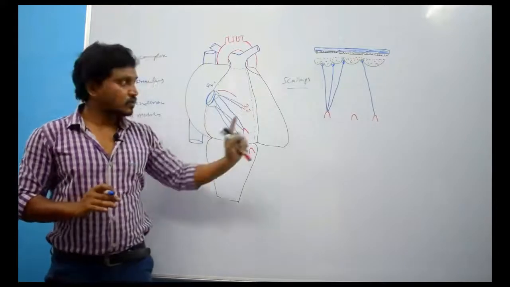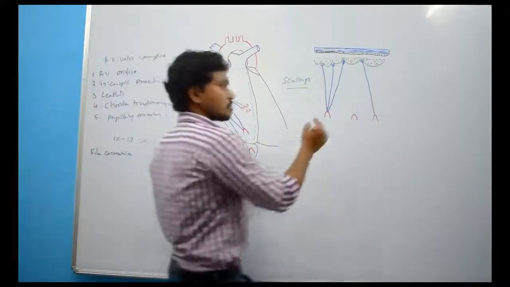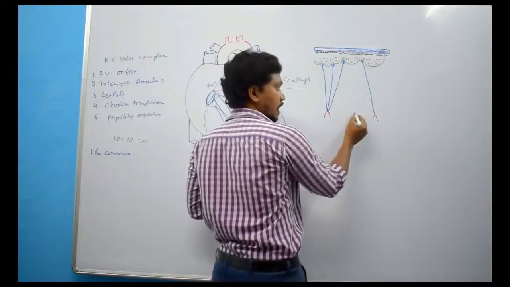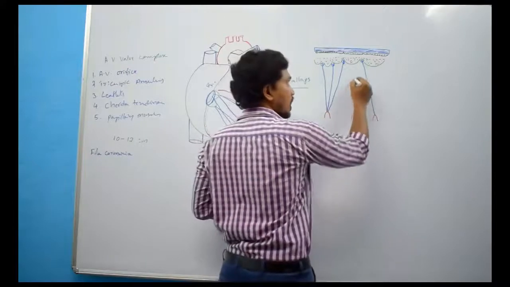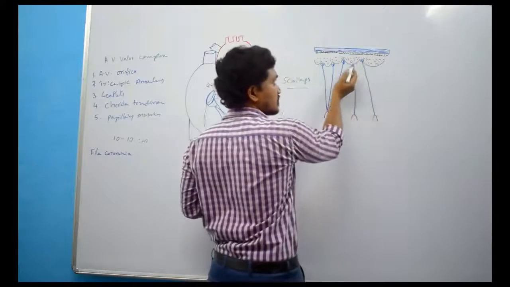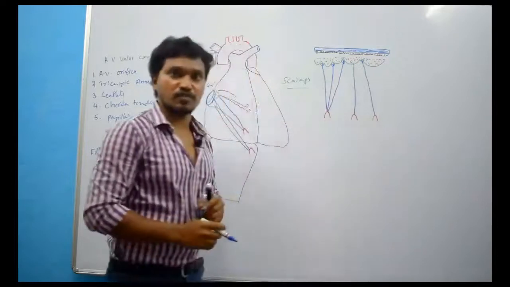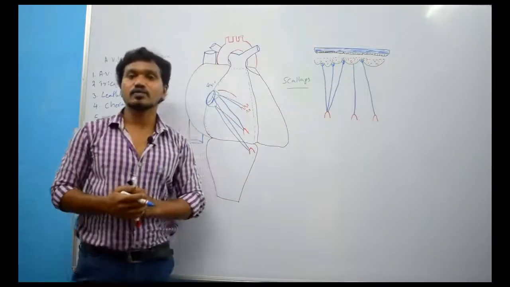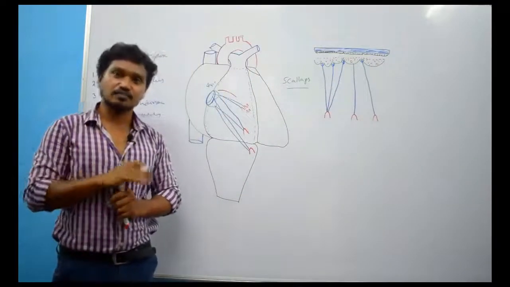Right? Then some chorda connect the papillary muscles to the free margin of the leaflet. These chorda we call free chorda.